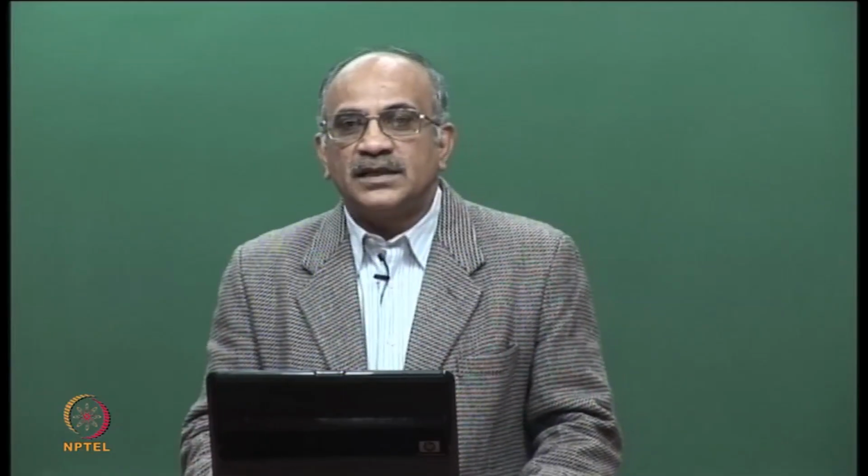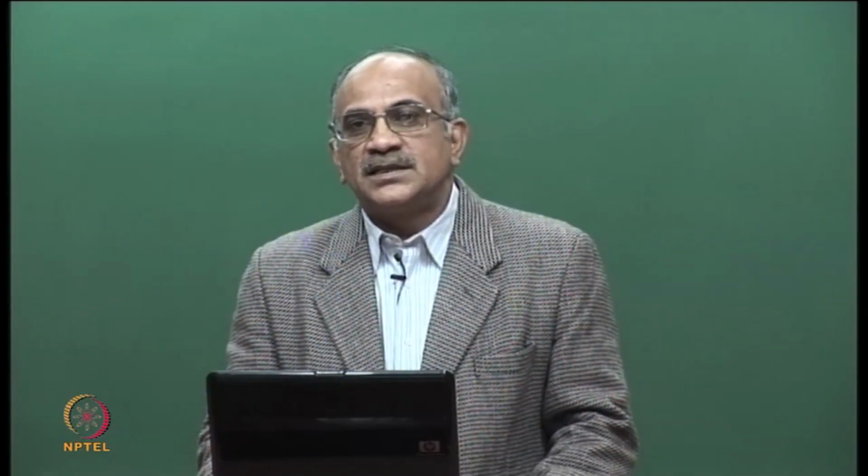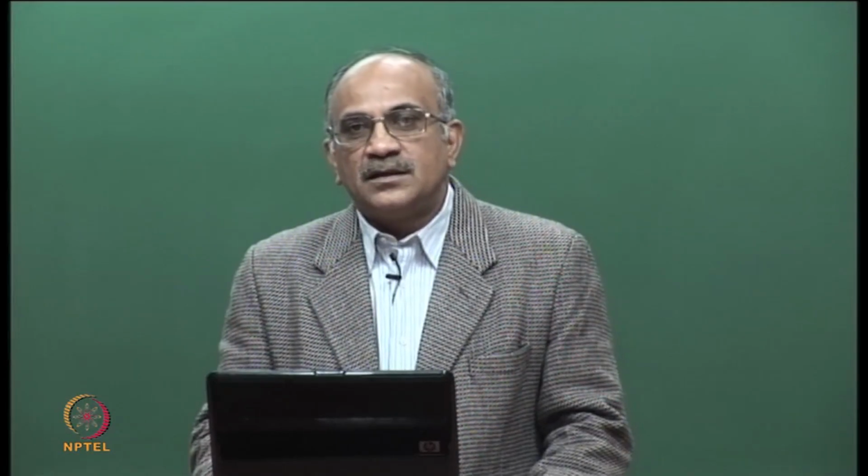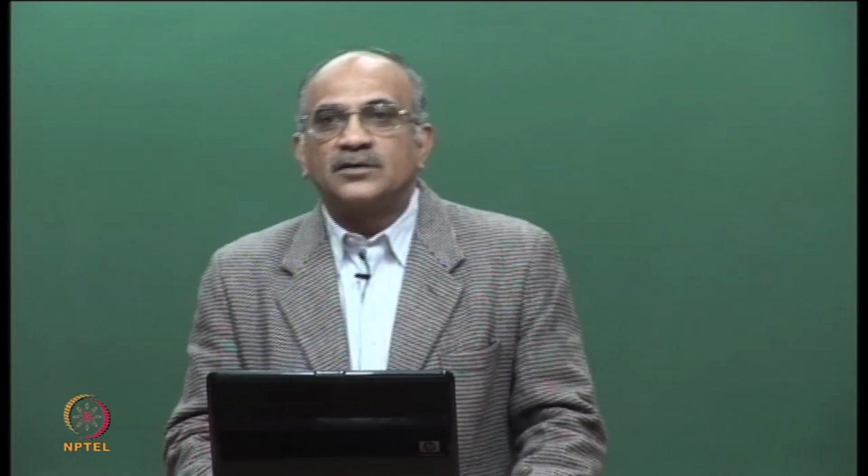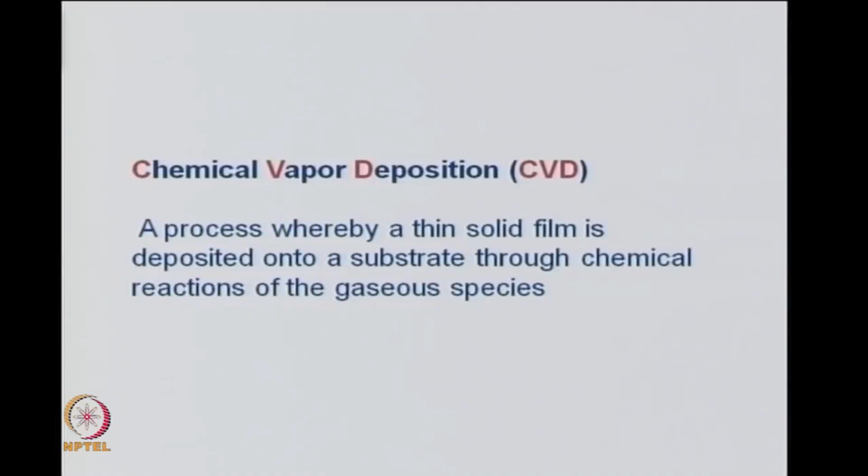In this lecture we will be starting with the CVD technique, which is chemical vapor deposition, where we will be using this method to make nanostructured films. So, chemical vapor deposition is a process whereby a thin solid film is deposited onto a substrate through chemical reactions of gaseous species.